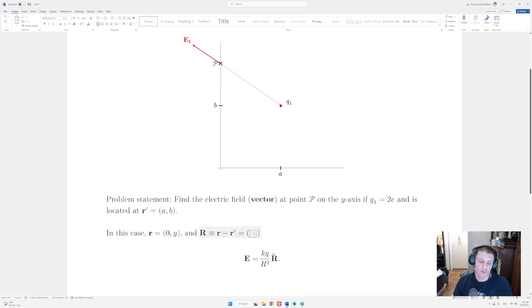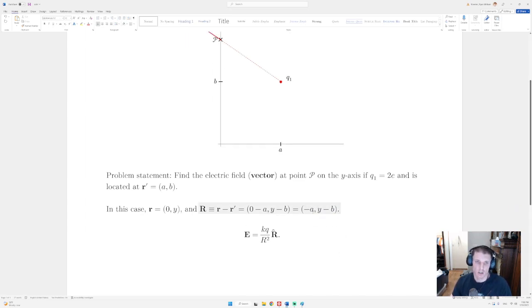This is vector subtraction, so we just subtract the components separately. In the first position I would put 0 minus a, and in the second position I am going to put y minus b. Of course 0 minus a is just negative a, so let's write it like that. And y minus b unfortunately doesn't clean up any more than it's already been written.